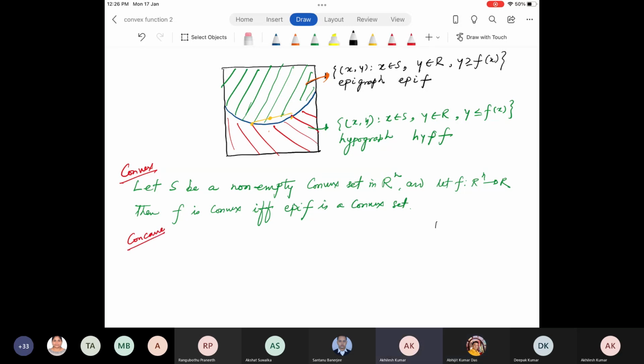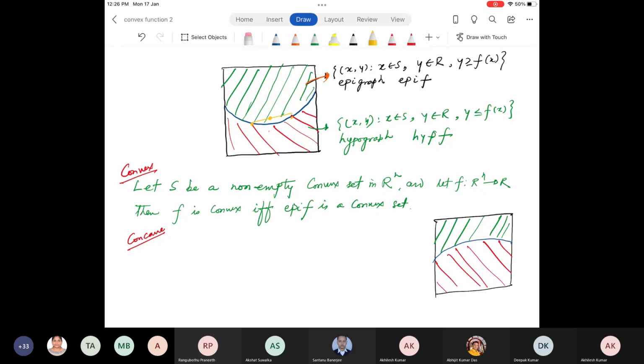So if you draw a concave function, which one is epigraph and which one is hypograph in this case?